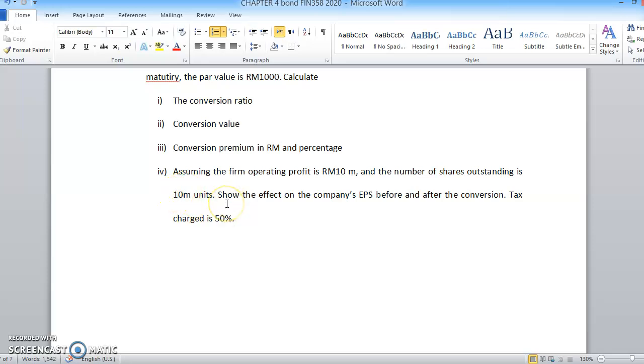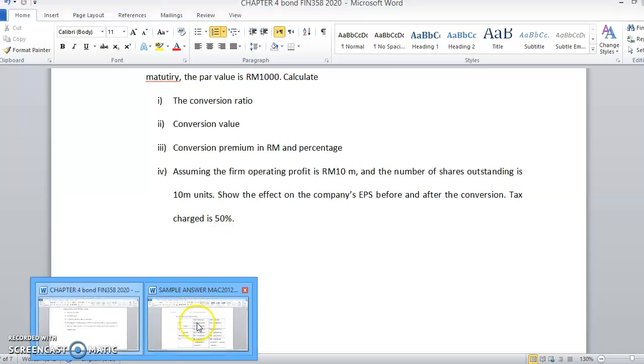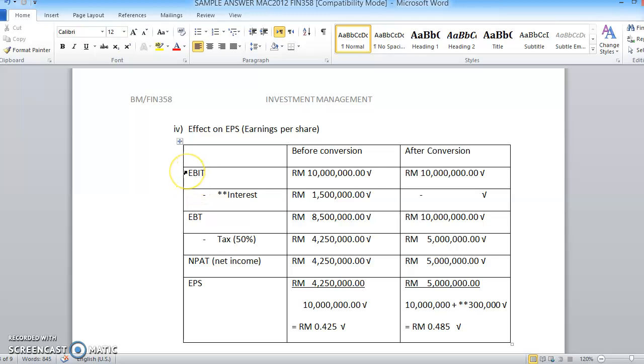So for this EPS effect, you have to know how to calculate the EPS, earnings per share, starting from EBIT, right? Starting from EBIT, earnings before interest and taxes, minus the interest, you will get EBT, earnings before tax, minus the tax, and then you will get the net profit after tax or net income. And lastly, we can compute the EPS, right?